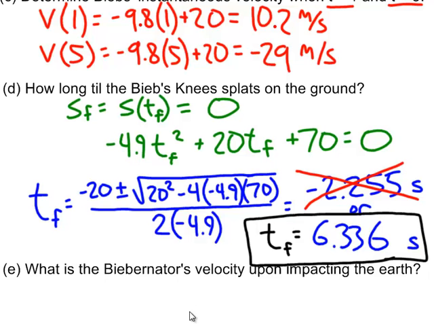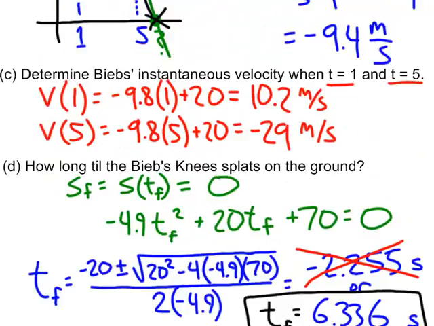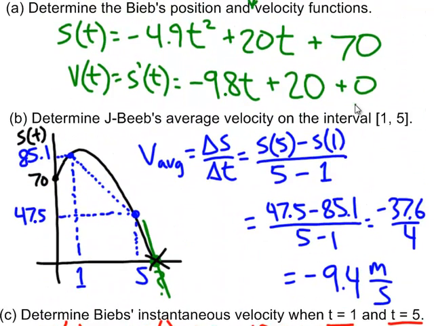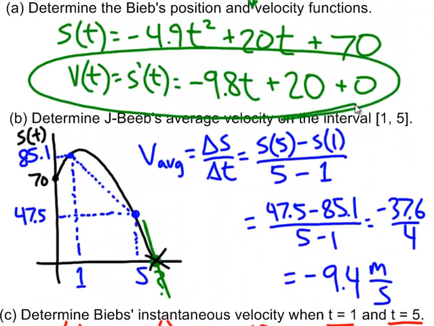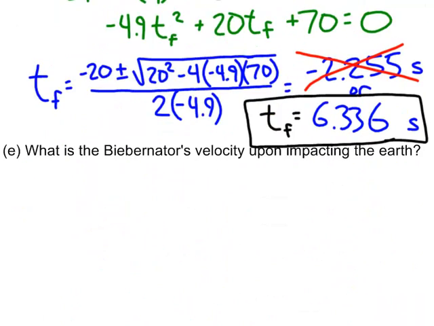Now, what's his velocity at that time? That's where we'll simply take that time and plug it into the velocity function. So if I scroll back up, here is where the velocity function was given, negative 9.8t plus 20. So let's just plug that in.